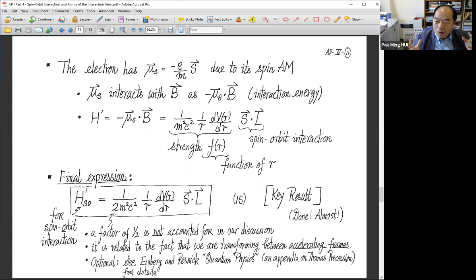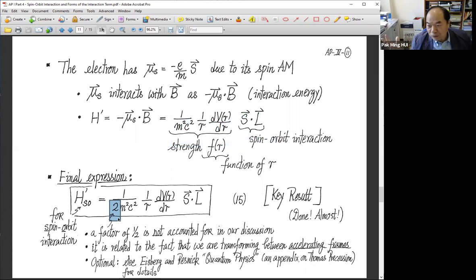Because after all, spin is a relativistic effect, and the proper way to do it is start with the relativistic quantum equation, which is the Dirac equation for an electron. Okay? So for us, don't worry, I have done 80% or 90%. I am off by a factor of 2. I don't feel that bad myself.